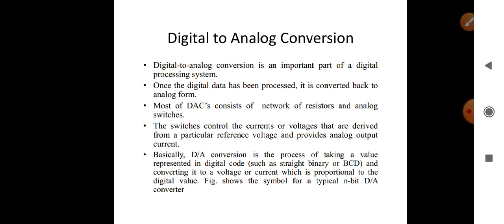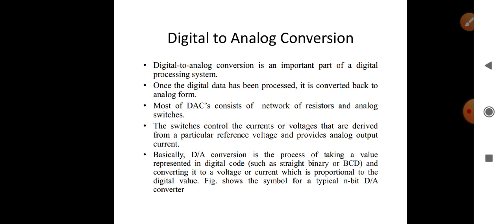Once the digital data has been processed, it is converted back to analog form. Most of the DACs consist of a network of resistors and analog switches. These switches control the currents or voltages that are derived from a particular reference voltage and provide analog output current.